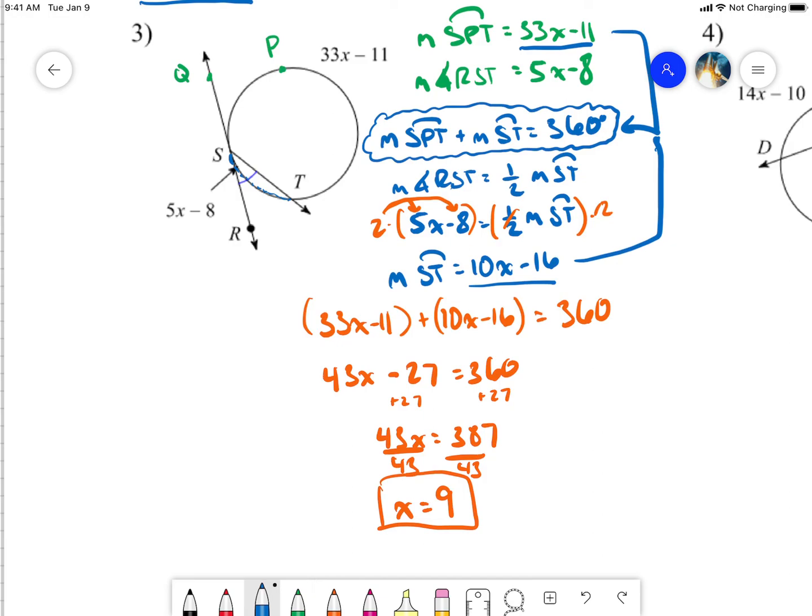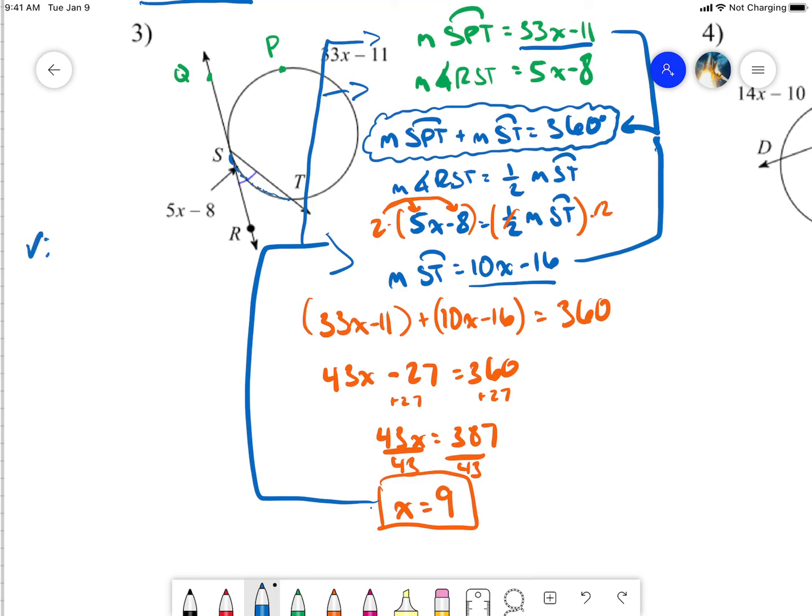First, I'm going to plug it back into both SPT and ST, and I should see that if I add those two values together, I get 360 degrees. Likewise, I'm also going to plug it back into our ST to see if it's half of what I get for the intercepted arc. So I'm going to check it in a couple different ways.